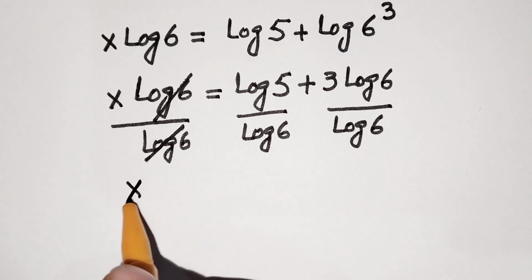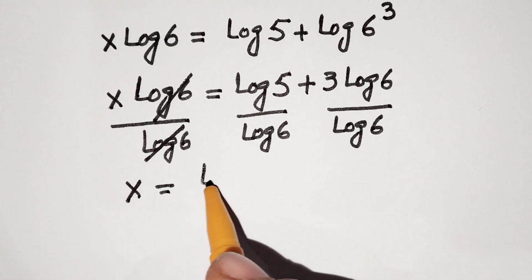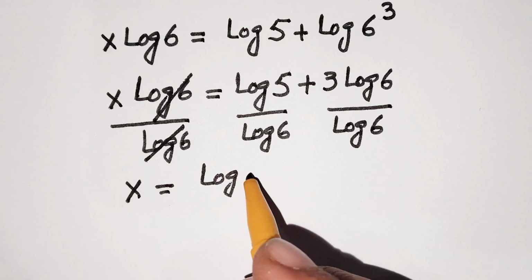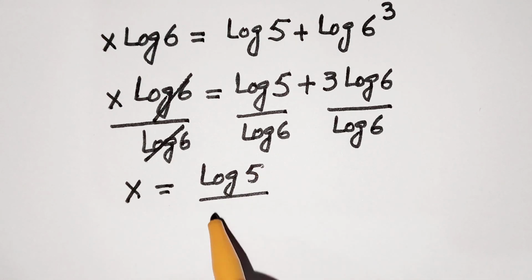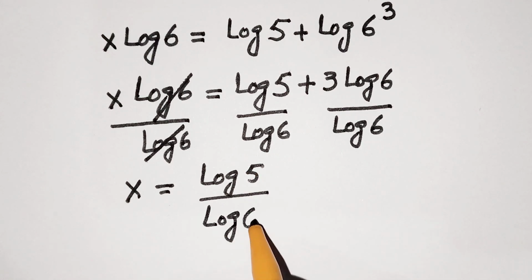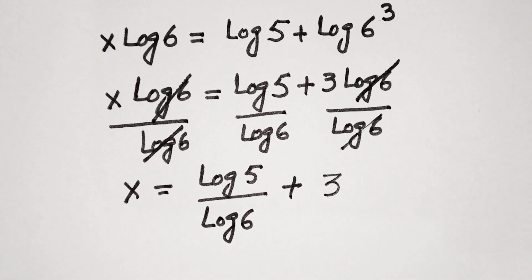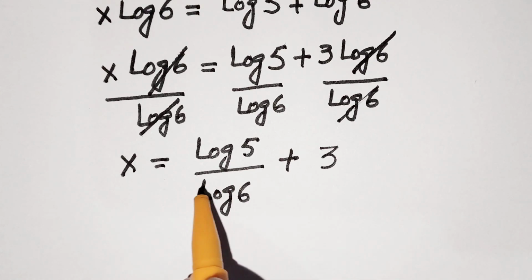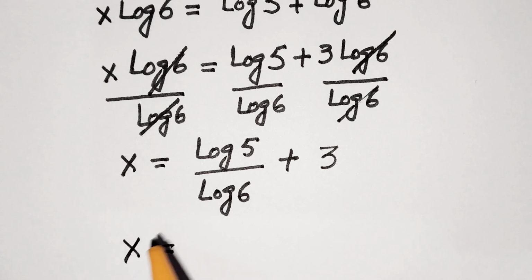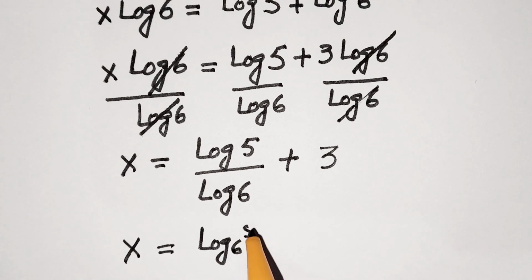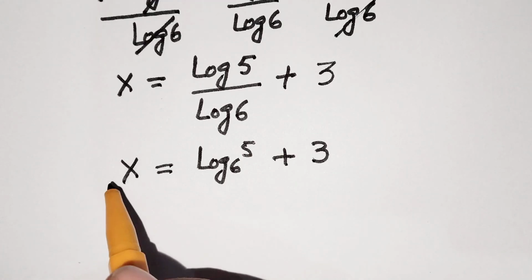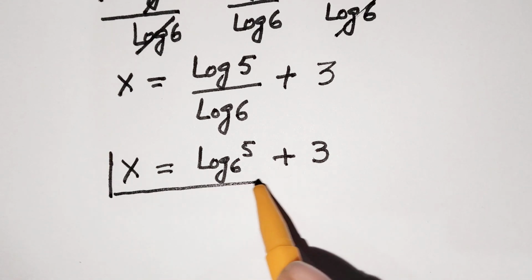So we get x is equal to log 5 over log 6 plus 3, since log 6 cancels with log 6. We can also write it as x is equal to log base 6 of 5, plus 3. So this is the result, the value of x.